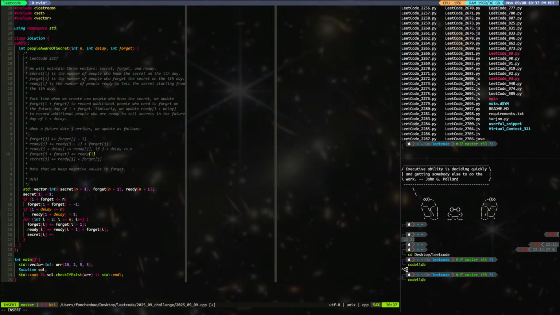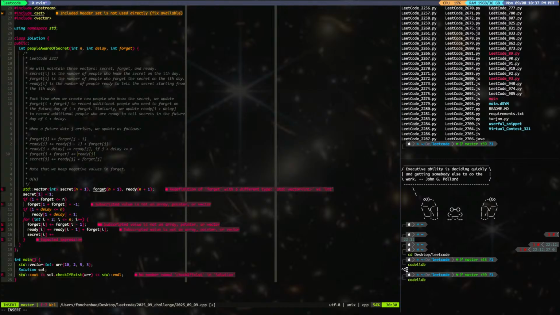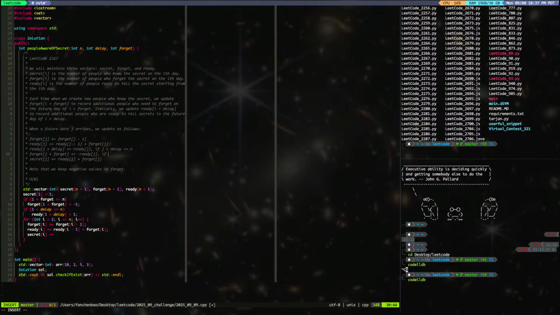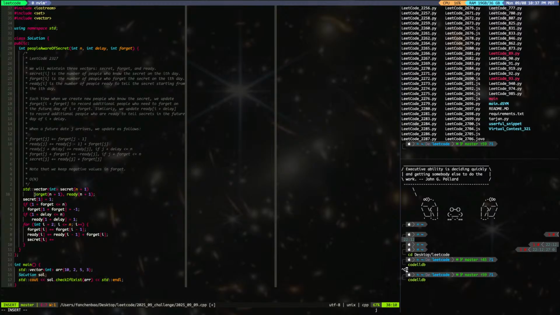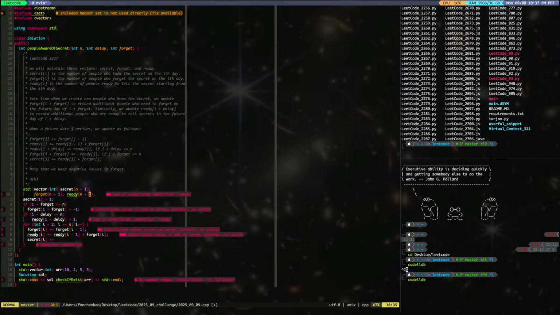So yeah, so this actually I think is correct. So it would be negative if j plus forget is smaller or equal to n. All right, I don't think I can do it this way. So we have to go through it. Hold on.